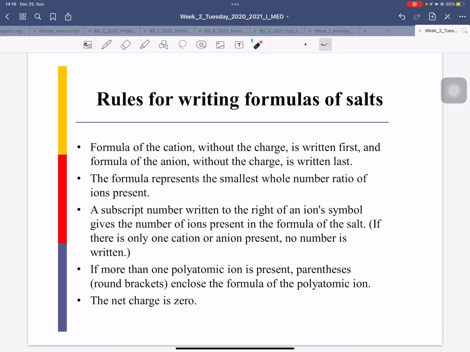The rule for writing the formula for a salt is very easy. First, we use the cation name without changing it, and then we write the anion name. Usually we cross the charges between the cation and anion, and the net charge must be 0 in the salt.